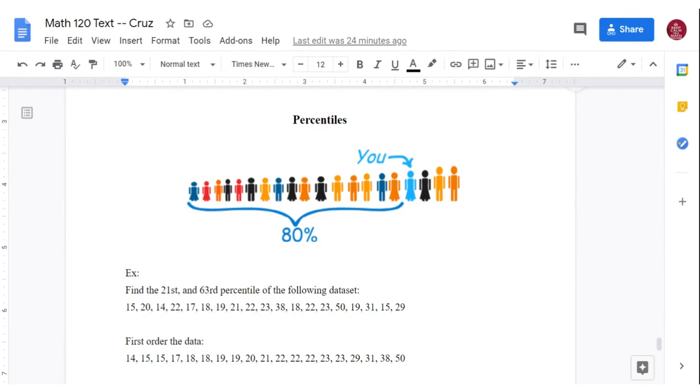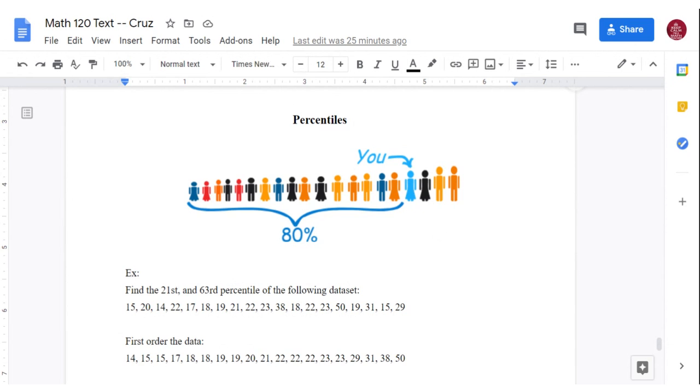So, for example, on this one, you can see visually that if you're in the 80th percentile, then that means you're smarter than 80% of those that are below you. So that blue U right there represents the 80th percentile because it's the margin of everything 80% to the left.